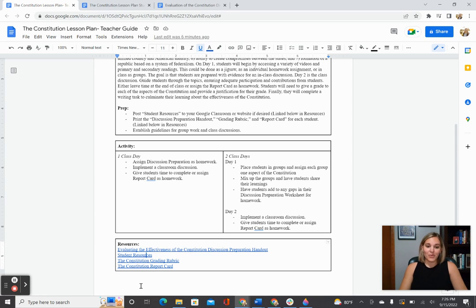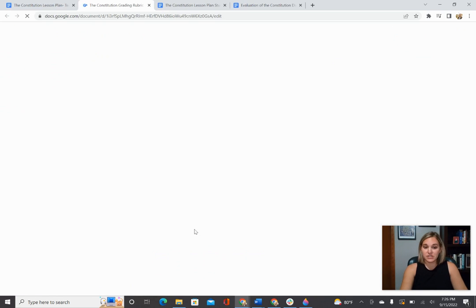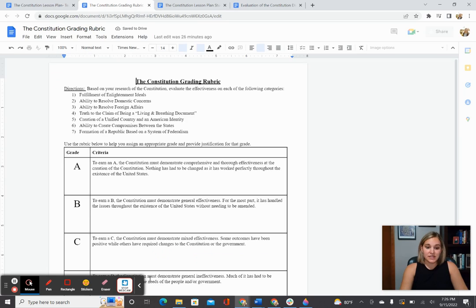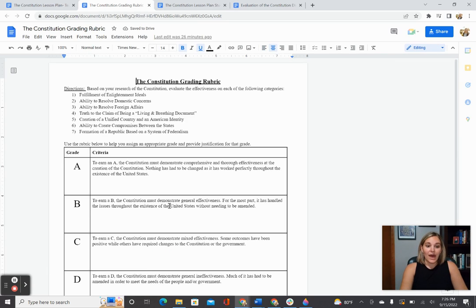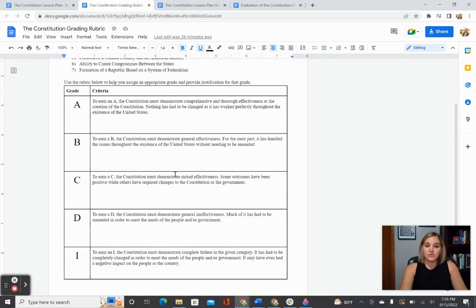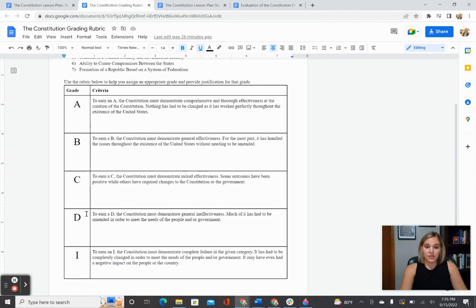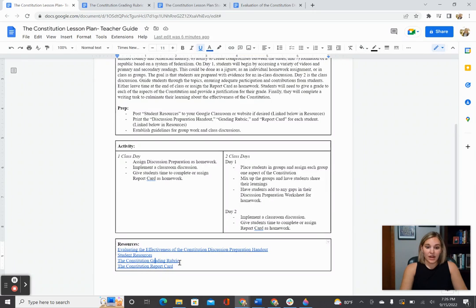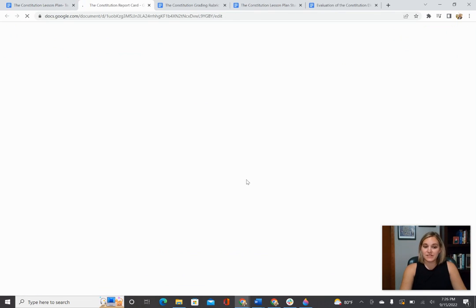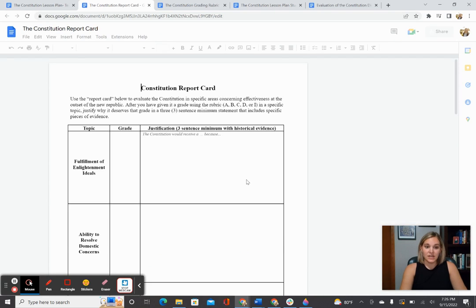Then comes the time where they are going to actually grade the Constitution. So make sure to provide this grading rubric for students, either digitally or in print. And here is where it describes what the Constitution needs to have done in order to earn these grades. So using the rubric, they are going to use a report card to evaluate the effectiveness of the Constitution.